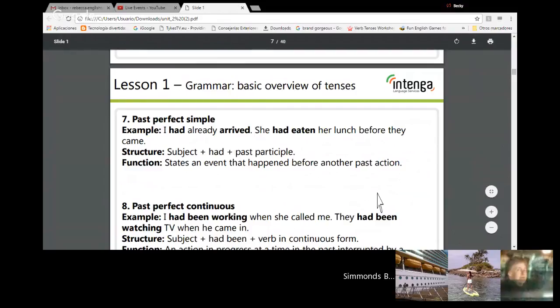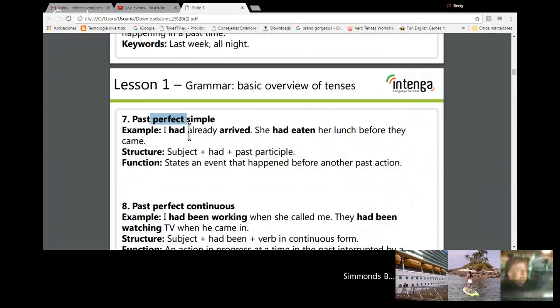Okay, good. So there aren't any keywords because keywords go for all of the perfect tenses, okay? And that could be like we have here already, we have just, sometimes the adverbs of frequency, never. So there's lots of things that we can use for keywords, but it goes for the present perfect, past perfect, and future perfect. Okay, so nothing super specific. That's why there are no keywords here.